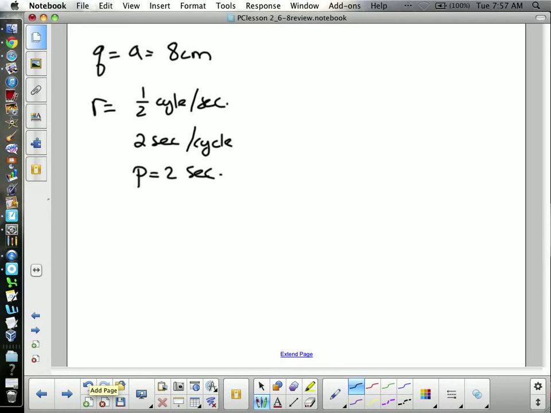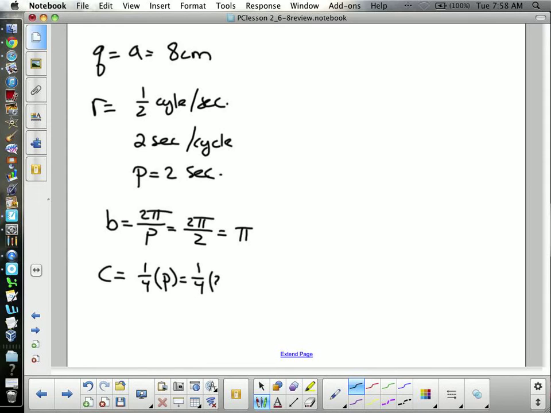Once I know the period is 2 seconds, I know that B is 2 pi over the period, or 2 pi over 2, or just pi. And C, my phase shift, is 1/4 of the period, which is 1/4 of 2 seconds, which is 1/2.